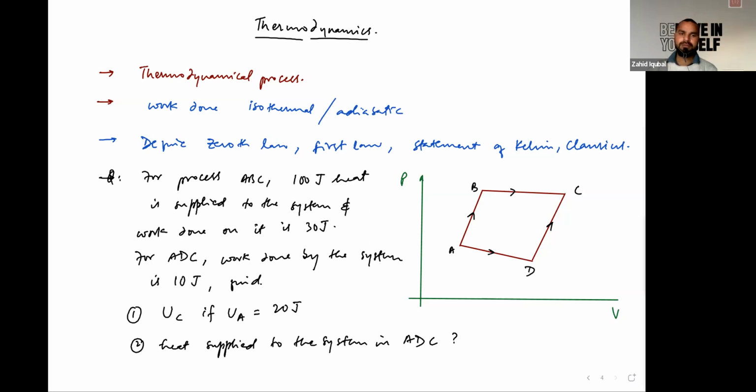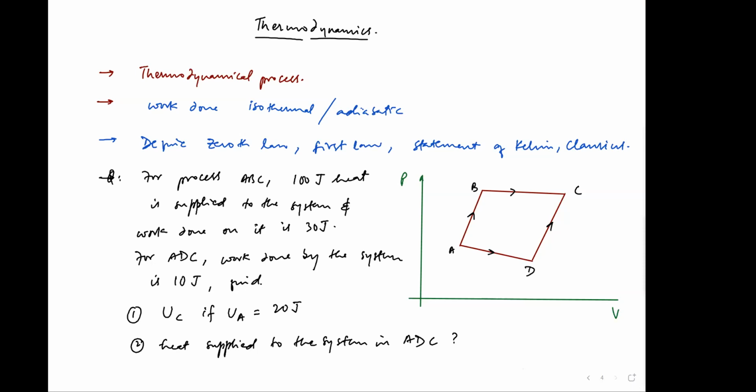Samira, any problem while solving? So can you show the first one? Okay. According to the first law, you'll say dQ is equal to dU plus dW.